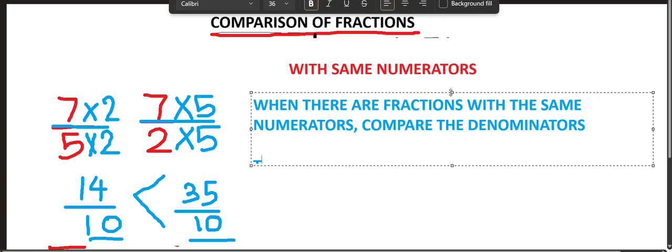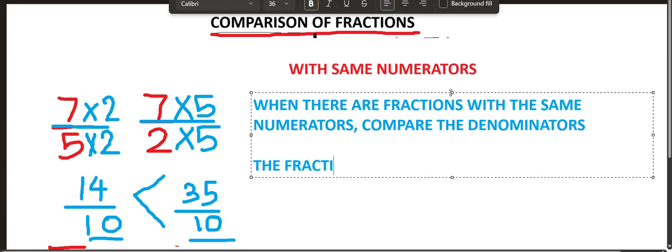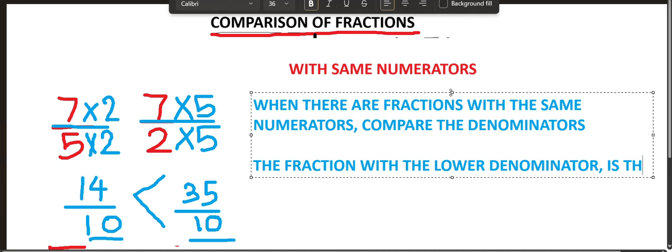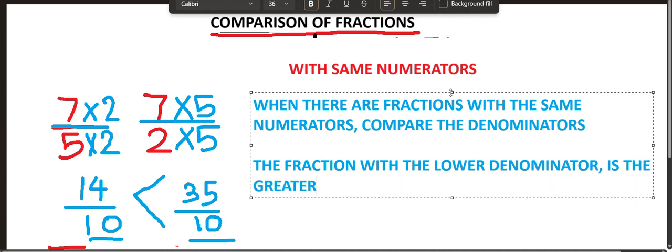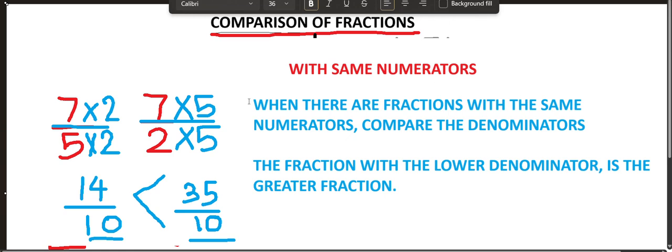Compare the denominators. The fraction with the lower denominator is the greater fraction. Just the opposite. Okay? Just the opposite as what we have learned earlier.